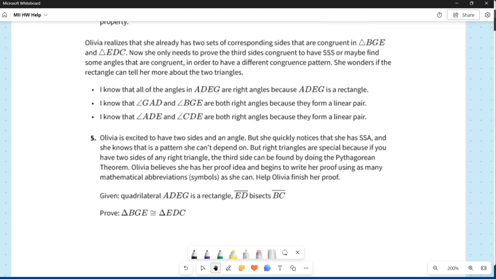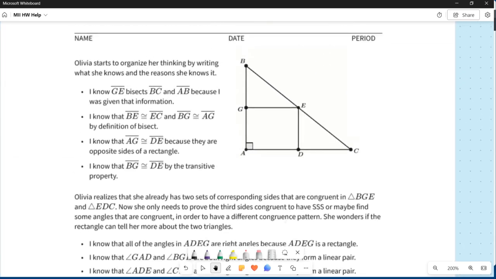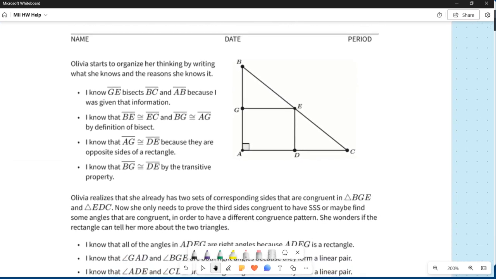Olivia realizes that she already has two sets of corresponding sides that are congruent in triangles BGE and EDC. So what that means, let's go ahead and draw that picture. Notice that in the bullet points here, I'm going to label everything that she said.